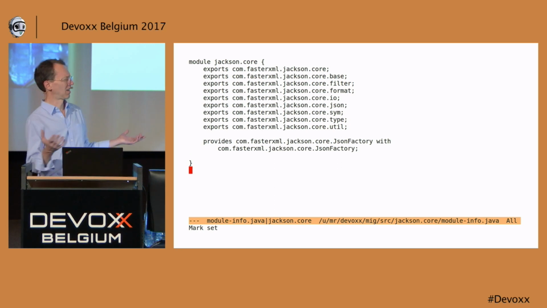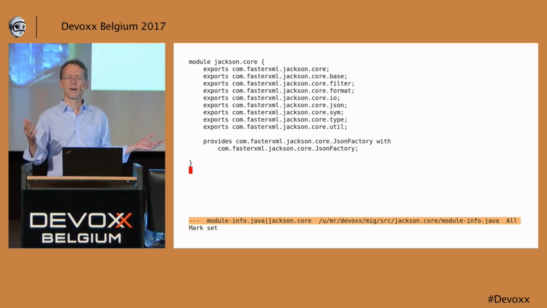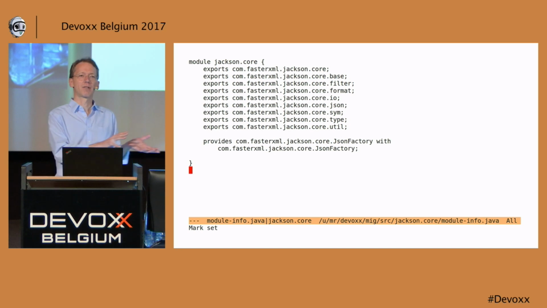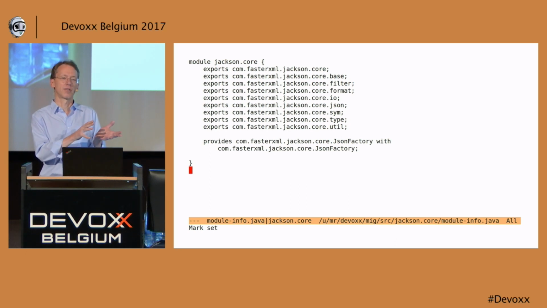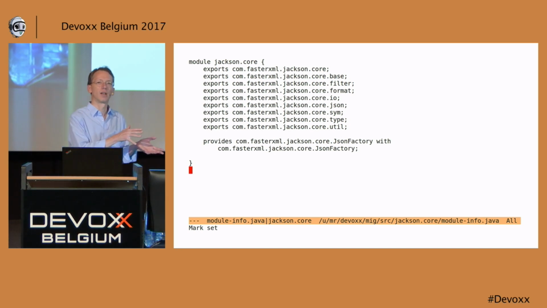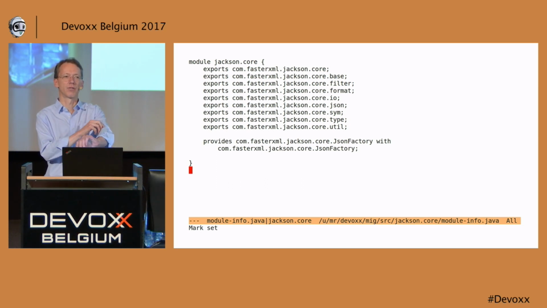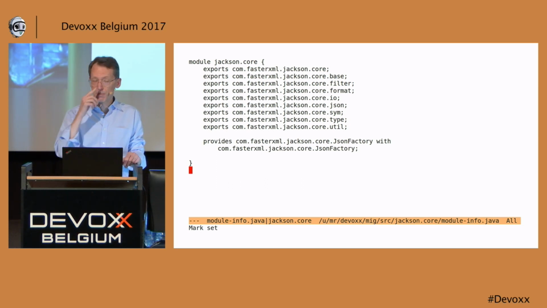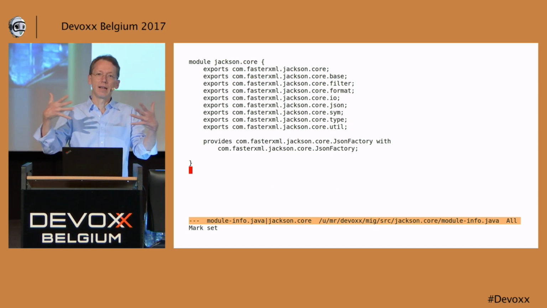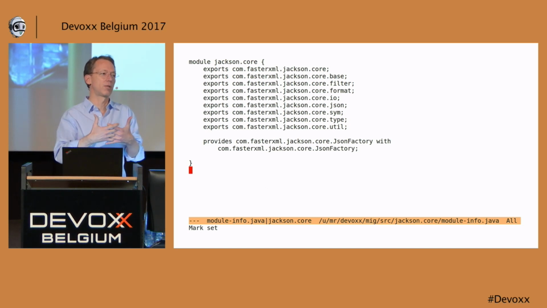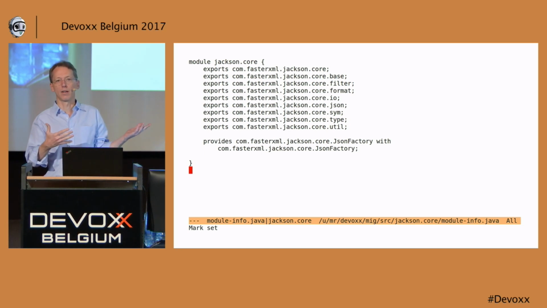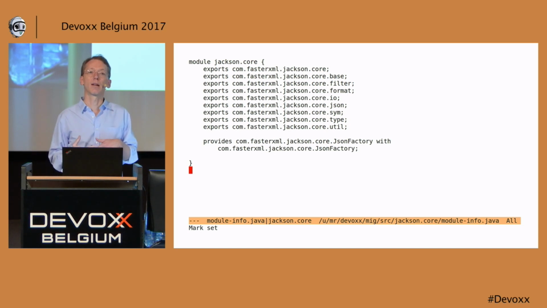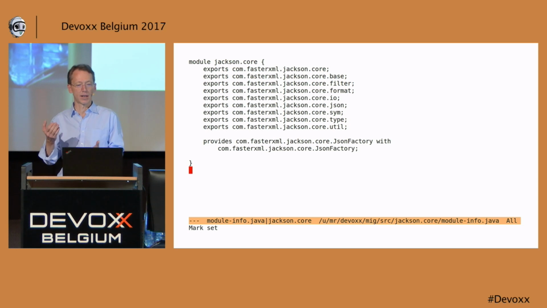Now, services, what? Huh? Services? What's that all about? Another big feature of the module system is it actually understands services. If you remember the service loader API introduced way back in Java 6, that's been enhanced and integrated with the module system. So not only can a module require another module and export packages for use by modules that require it, but a module can provide services, and it can use services that may be provided by other modules.